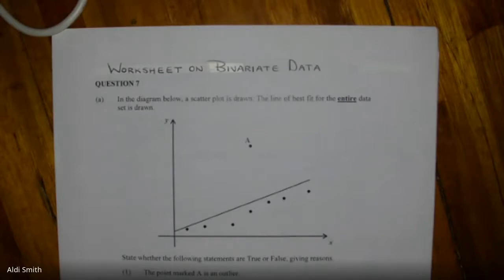Okay, so now in this one it says, in the diagram below, a scatter plot is drawn. The line of best fit for the entire data set is drawn. Now, remember I warned you about that word, line of best fit. Sometimes they use the word line of best fit, but actually they're talking about the least squares regression line. Technically speaking, they are supposed to be the same line.